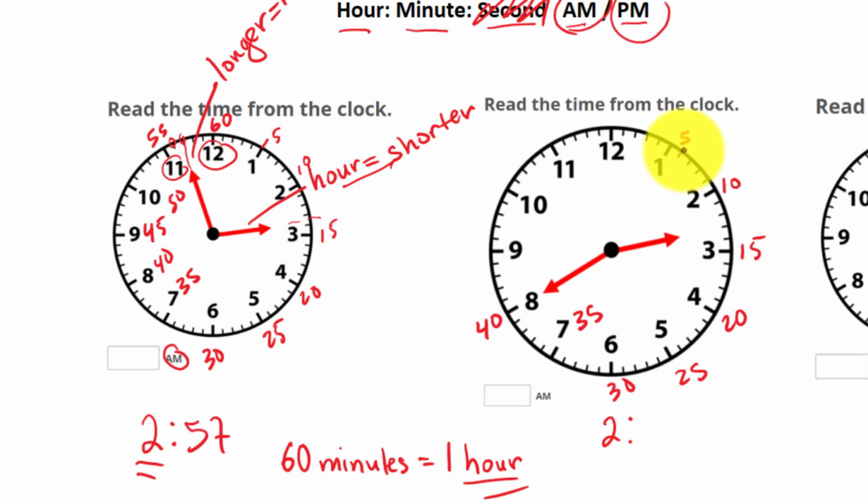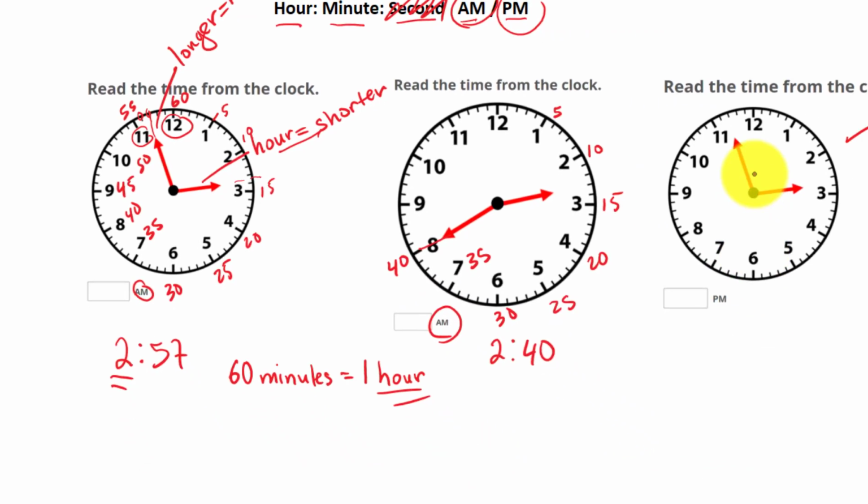If you don't remember the values for each one of them, just take that number. See, 8 times 5 gives you 40; 7 times 5 is 35. So it's exactly right there. So we have 2:40, and it is AM, okay?